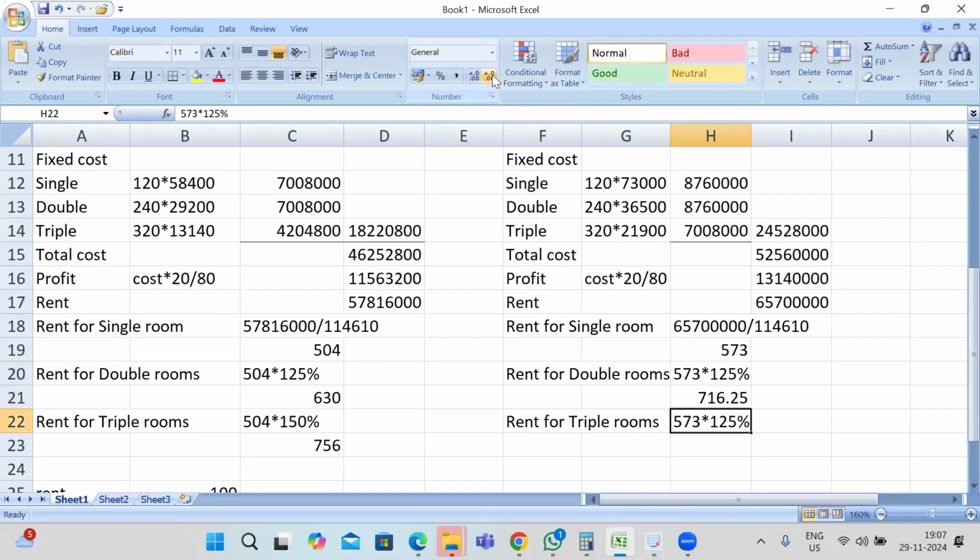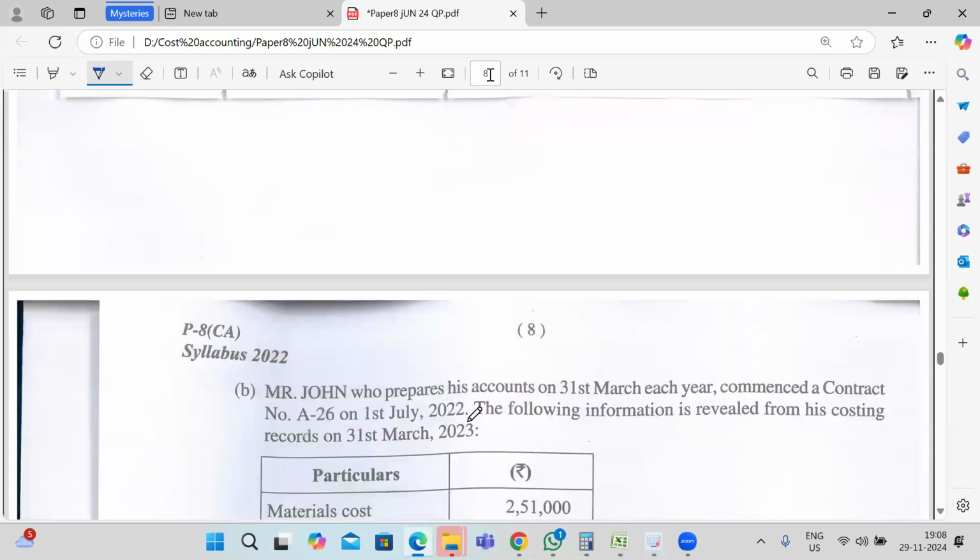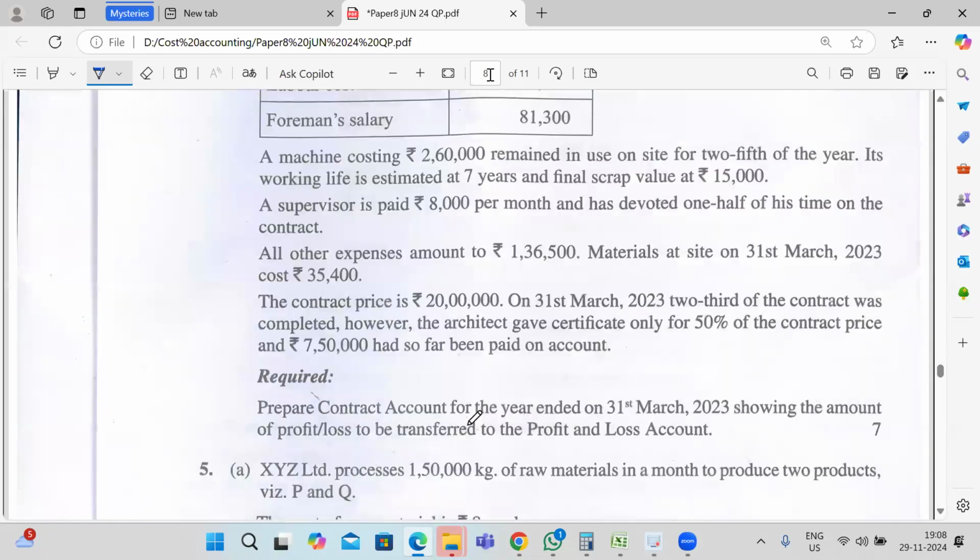Then for triple rooms, it is 150 percentage. So it will be 859 or 860. So in either way, whichever method you are feeling comfortable, you can use that method. It's not an issue. So now let's move on to question number 4B.